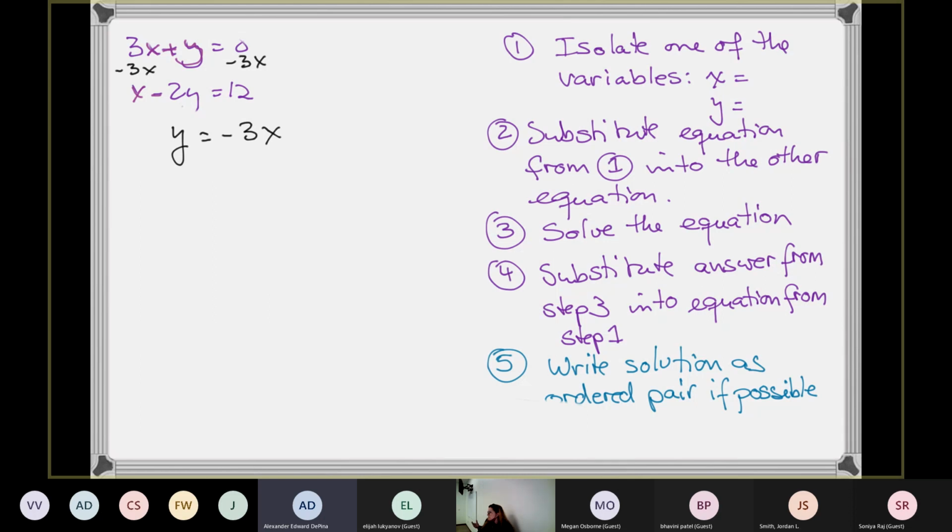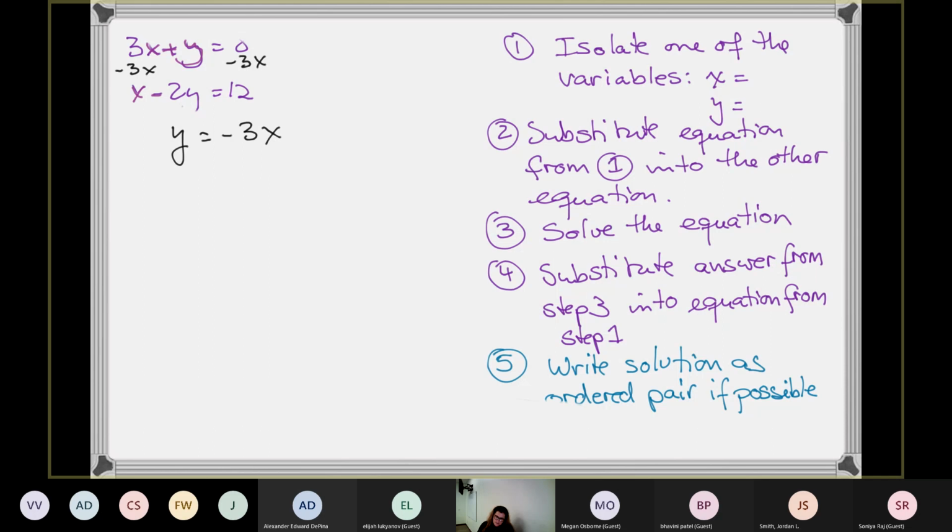It's less to work with, so it makes it easier, the first one. But it doesn't matter. So we've done step one. We isolated one of the equations for y in this case. But some of you could have rearranged the second equation and isolated the x. It makes no difference as long as you're doing it right and are consistent.